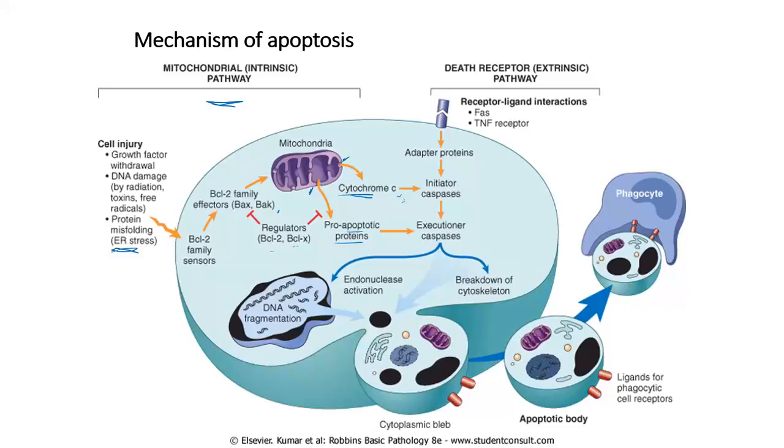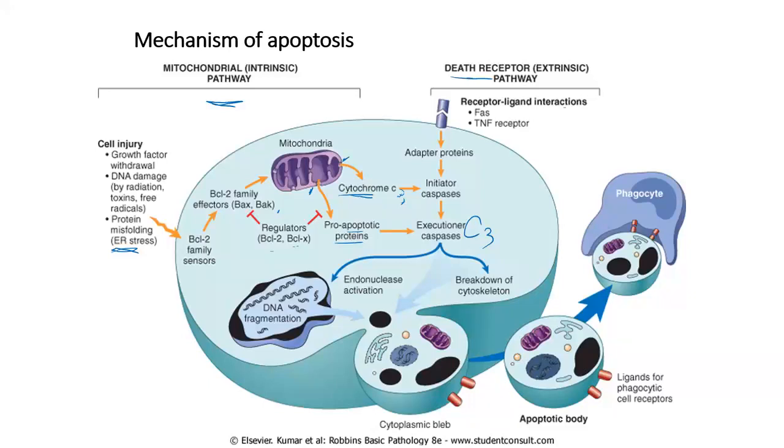This will lead to increased permeability of the mitochondrial membrane to release cytochrome C and pro-apoptotic proteins. Cytochrome C will activate initiator caspase, which is caspase 9, and this will lead to activation of the executioner caspase, which is caspase 3.